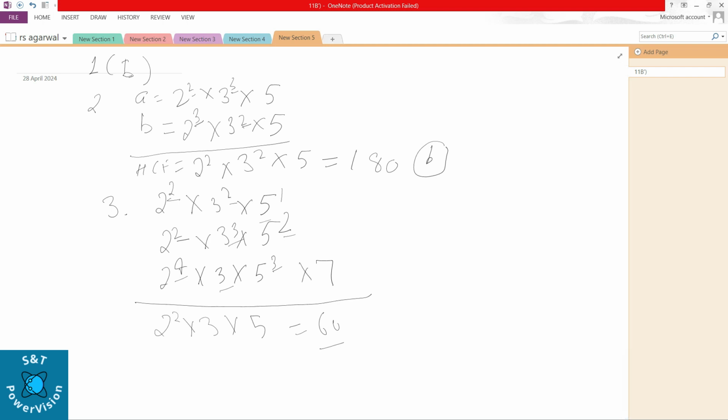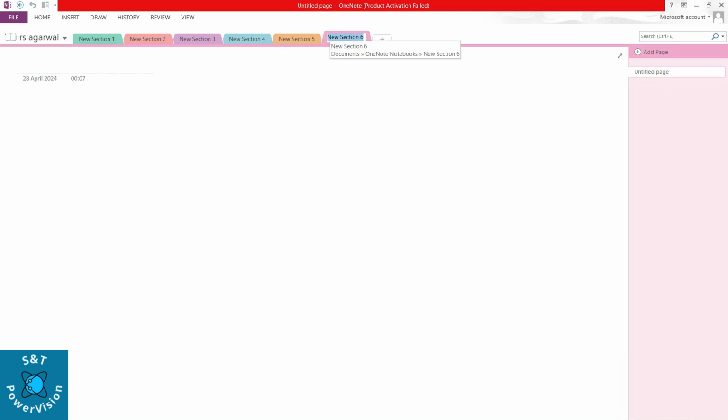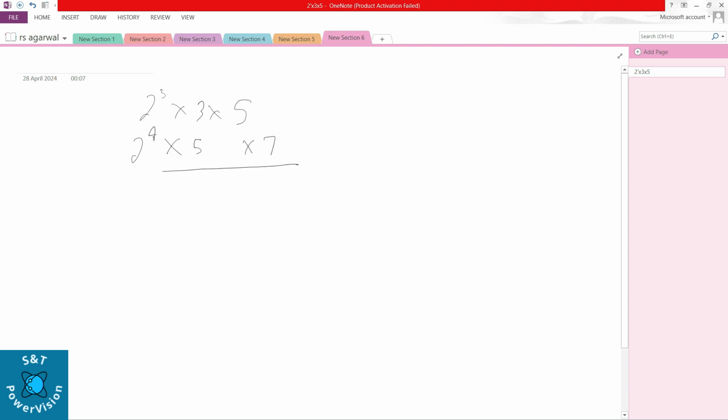Now the fourth question. This time we have to find the LCM of 2 cube into 3 into 5, and 2 to the power 4 into 5 into 7. We have to take the highest powers. For 2, the powers are 3 and 4, so 2 to the power 4.